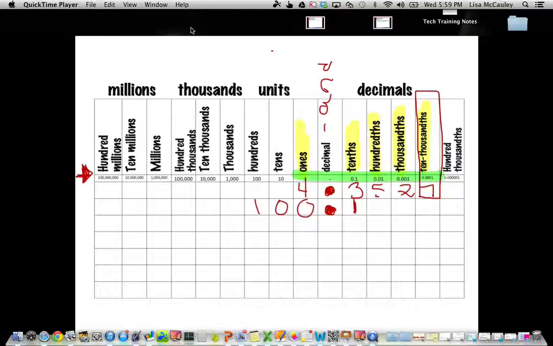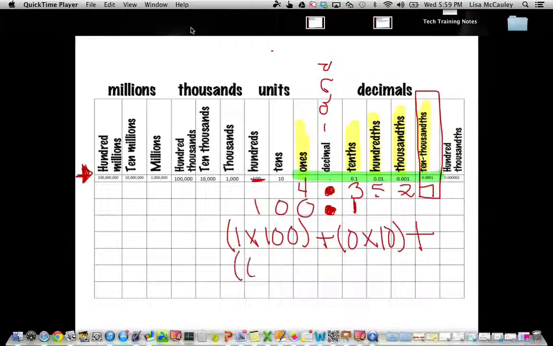And if I wanted to expand this, I would write 1 times 100, because that's the place value up here, plus 0. You do want to include your zeros, even though they don't really matter, because you multiply them and it equals 0, but we still want to expand it and show it, plus 0 times 1, plus 1 times 0.1.